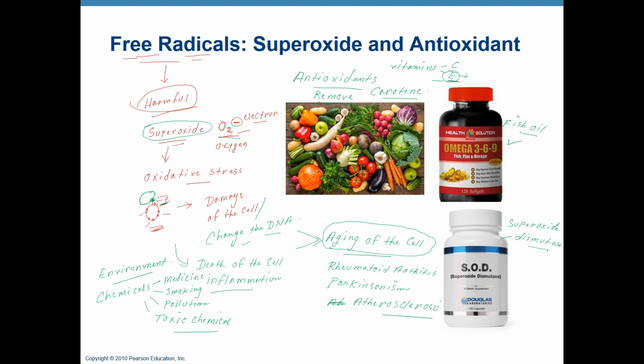What it does is remove the superoxide chemical. Superoxide dismutase, in shortcut you can say SOD, is also found in the pharmacy. You can buy it to remove the superoxide. Okay, so free radicals are removed by antioxidants.